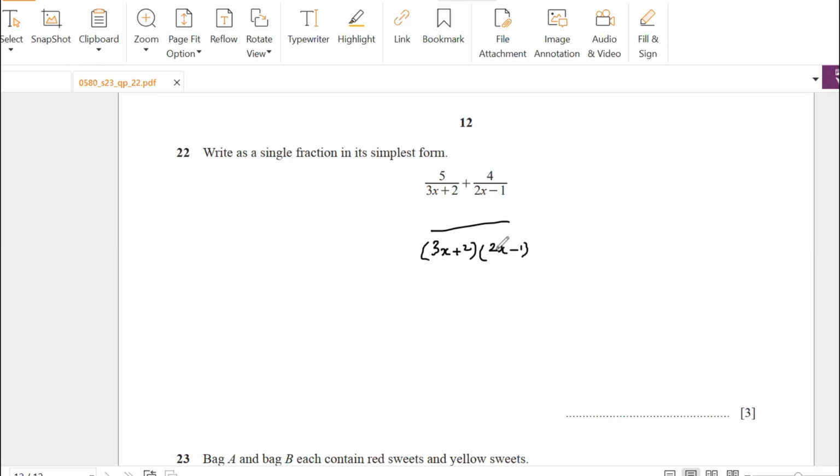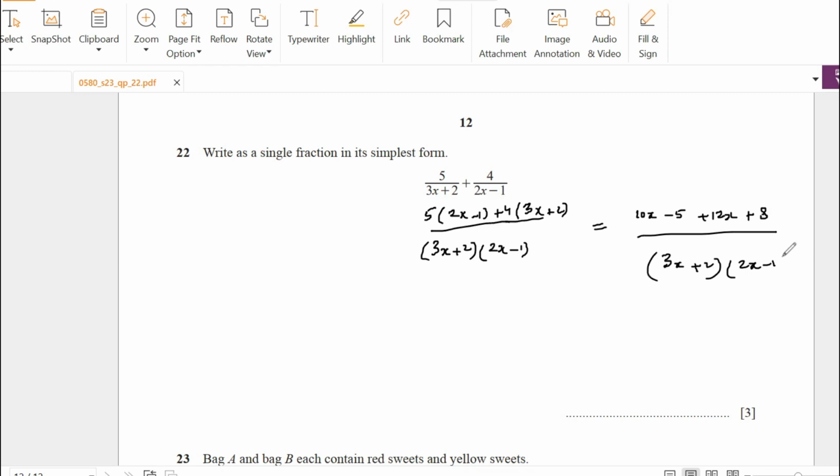So 5 bracket open 2x minus 1, plus 4 bracket open 3x plus 2. That means we can multiply by 5 inside.